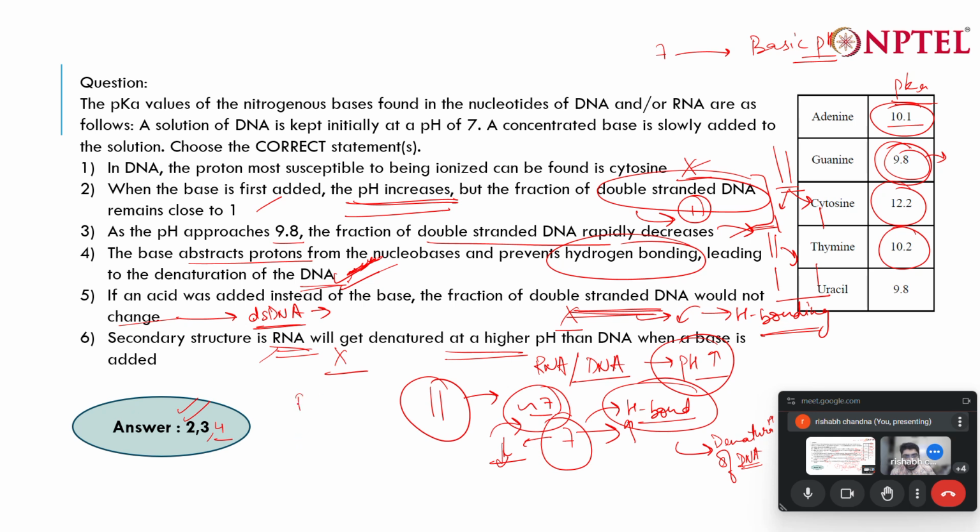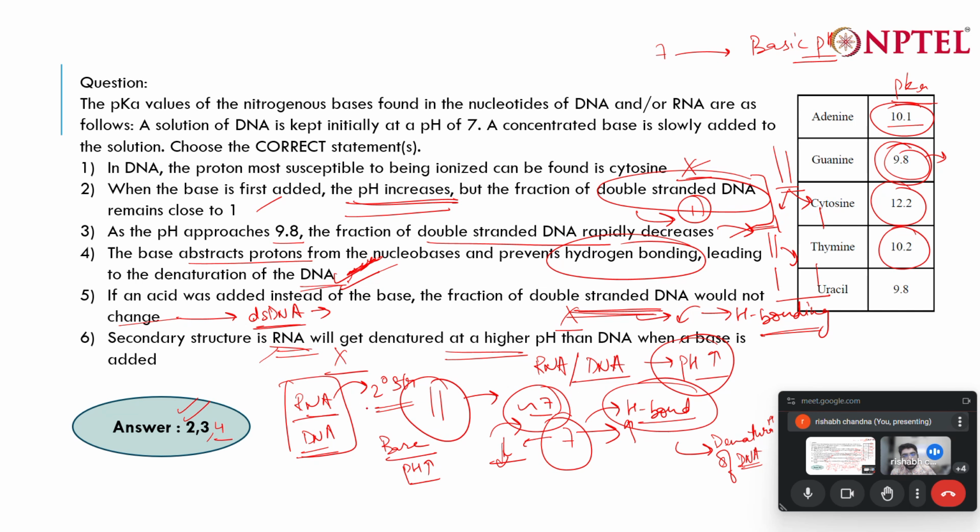RNA is generally a single stranded moiety, but it forms a secondary structure depending upon the bases that are present there. Whether it's DNA or RNA, in both cases, it is the hydrogen bond that helps the RNA to form the secondary structure and DNA to form the double stranded structure. So if we add a base, that means it is increasing the pH.